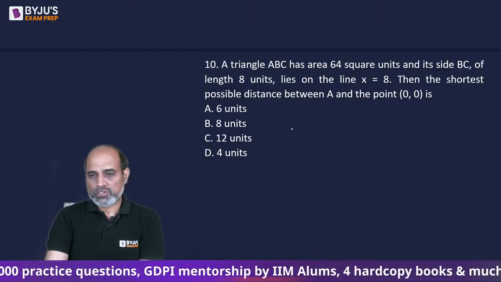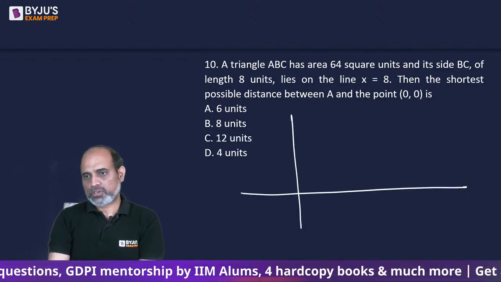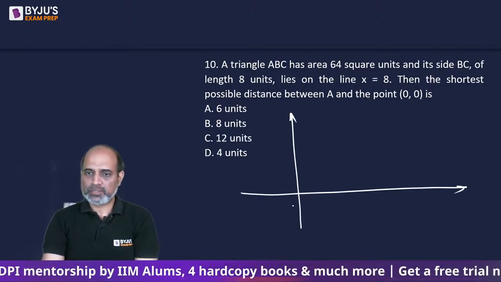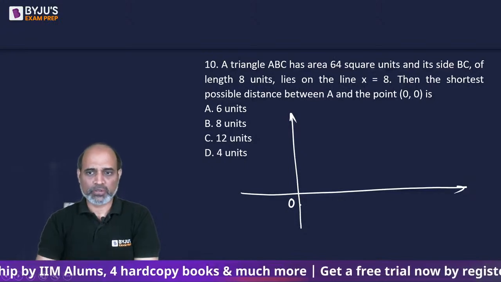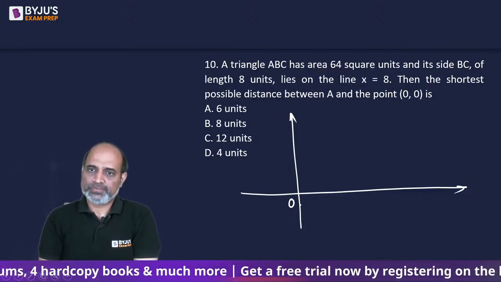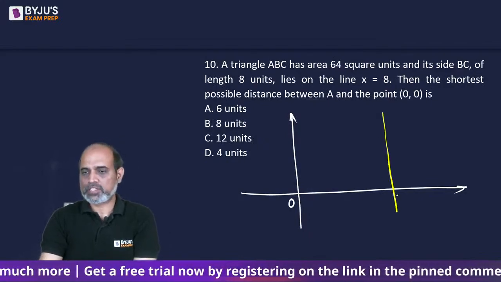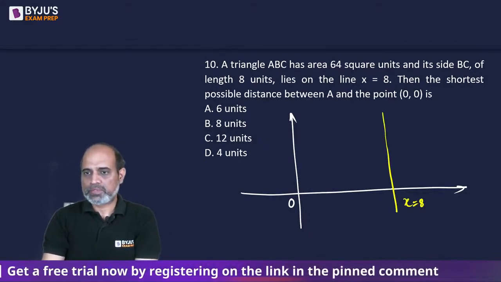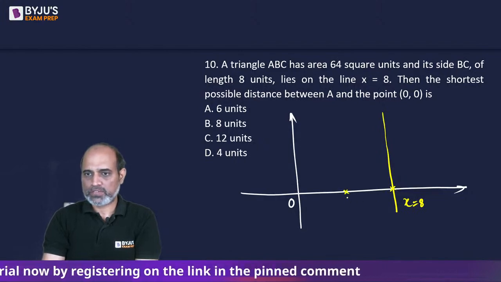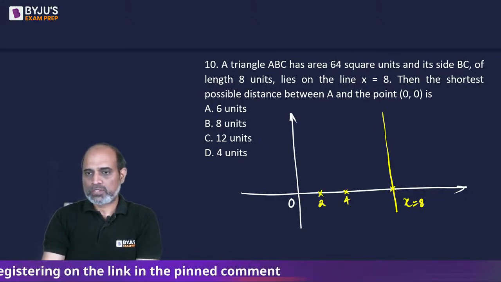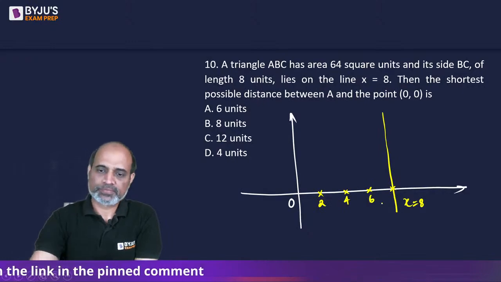Fine. So let's draw this rectangular coordinate system. This is our point O, as in the origin, 0, 0. Then we have a line which is x is equal to 8. So I'm saying this is 8, this one is 4, this one is 2, this one is 6.